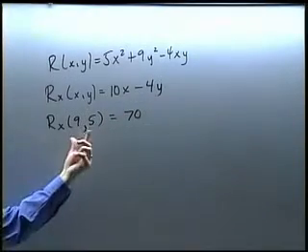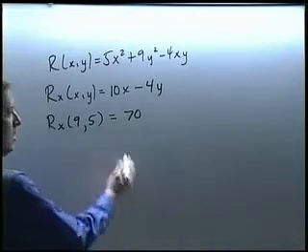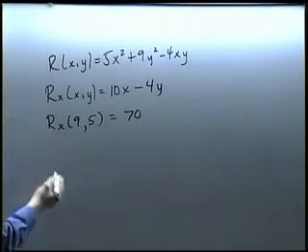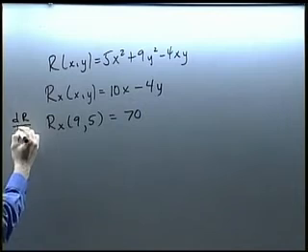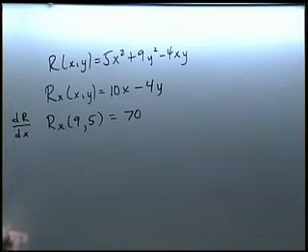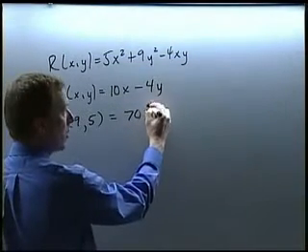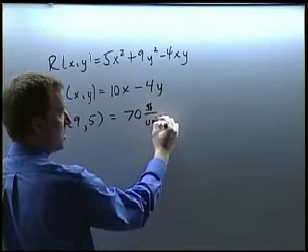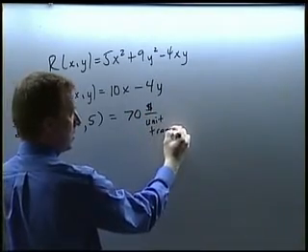Remember, this is a derivative, so this is kind of like a dr dx type label. My label would be dollars per unit of tranquilizer. So this would be $70 per unit of tranquilizer.